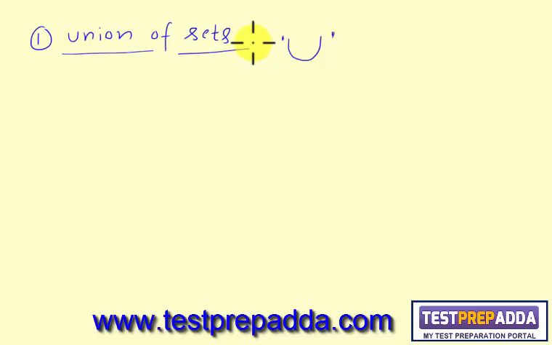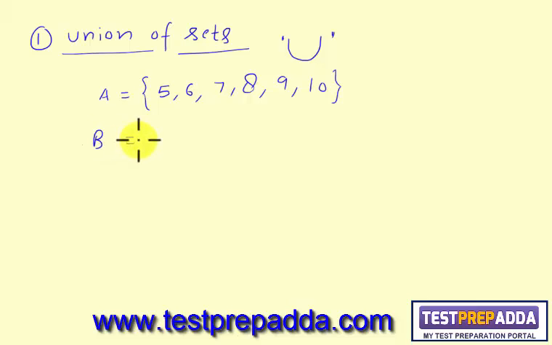Consider two sets A and B as A is equal to different elements are 5, 6, 7, 8, 9, 10. Set B as 6, 8, 10, 12, 14. Then A union B.